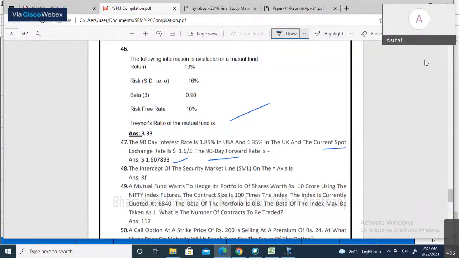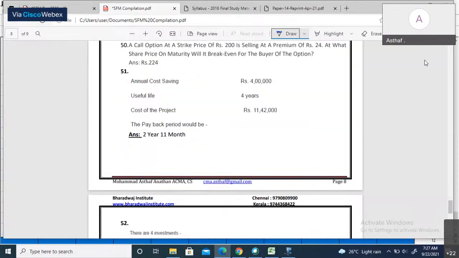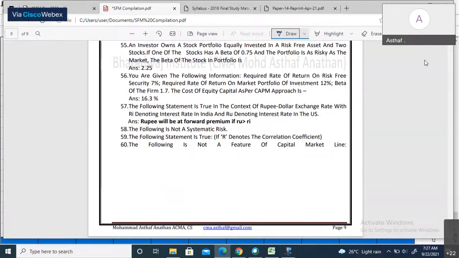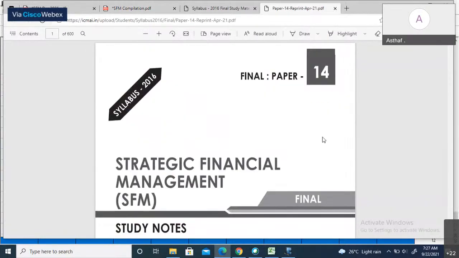You have to go for interest parity theory. Here they are asking payback period, they're asking with time. So we have shared around 60 questions, and answers also given, so you can practice.